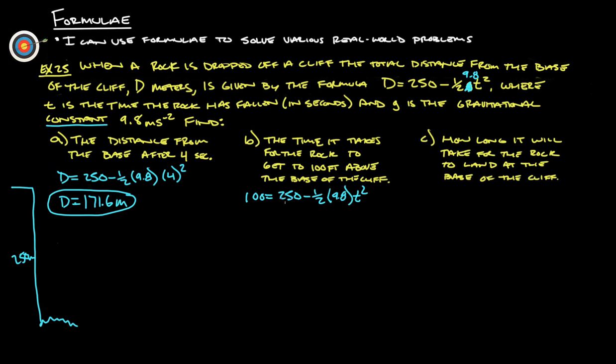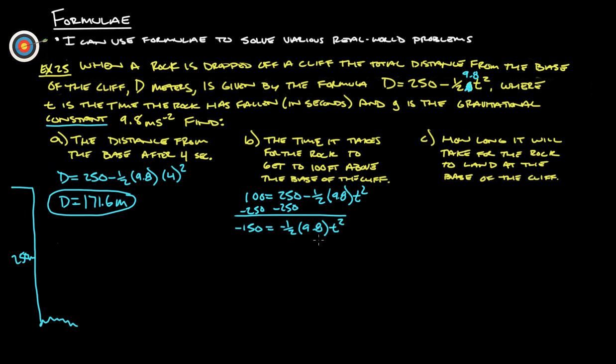First things first, we have to figure out what to get rid of first. Do we get rid of the 250, the negative 1/2, the 9.8, or the square? The first thing we want to get rid of, going in reverse order of operations, is to subtract 250 from both sides. So we get negative 150 equals negative 1/2 times 9.8 times t squared.